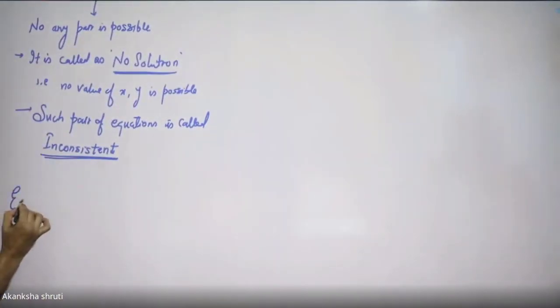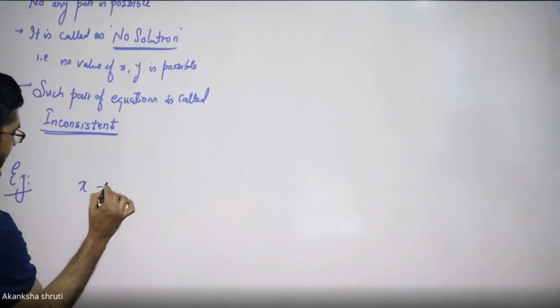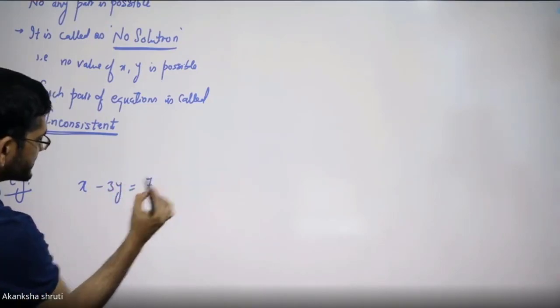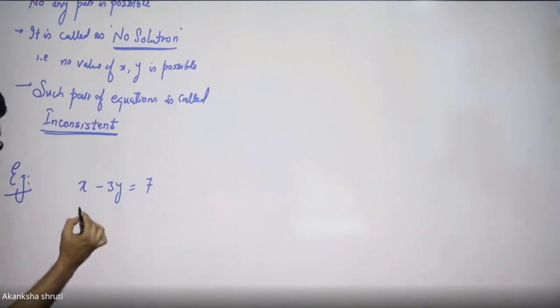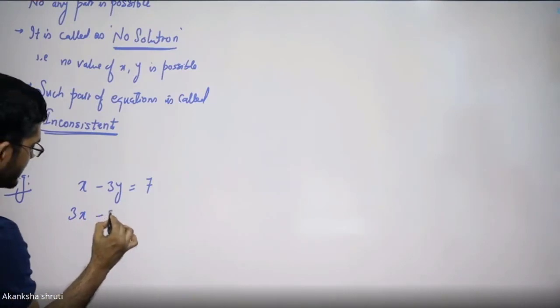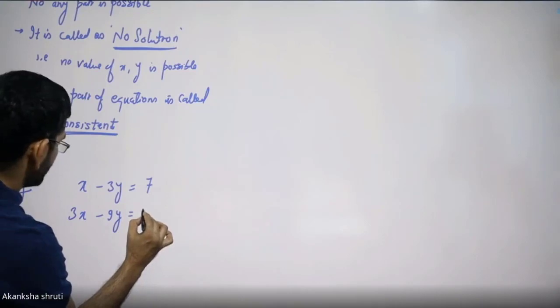Let us take one example. Say x minus 3y is equal to 7. Take the second one, 3x minus 9y is equal to 14.